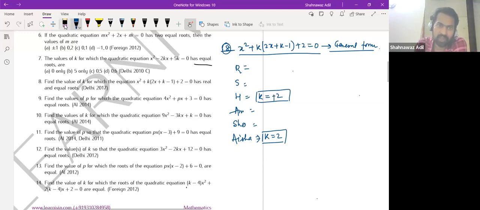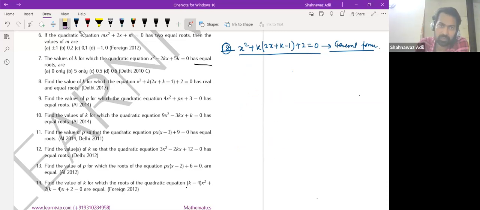Okay, so first we have to simplify, right? Yes, good guys. So this equation is x squared plus 2kx plus k minus 1 plus 2.